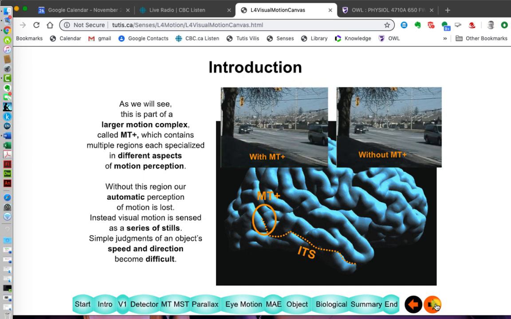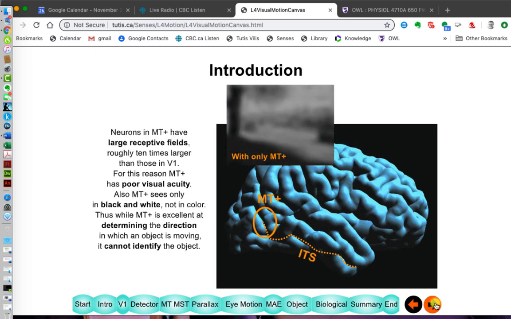So you see the objects, but you can't sense that there's any motion in them. You can't tell what direction. If you look at this, except for seeing where they're pointing, you can't tell which direction they're going in.